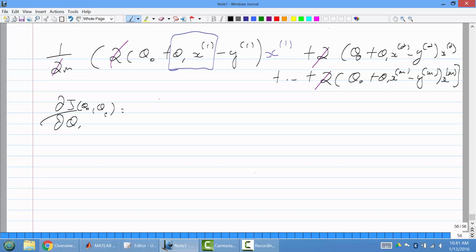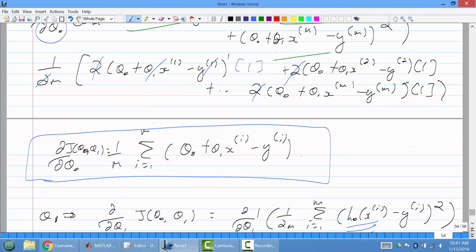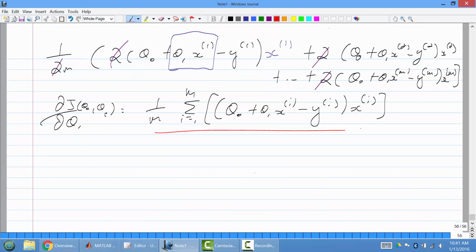So this equals 1 over m summation of theta 0 plus theta 1 xi minus yi, and then this is all multiplied by xi. If you take a look, there's not that much difference. The only difference between the intercept term and the slope term is that you have that additional x of i value.